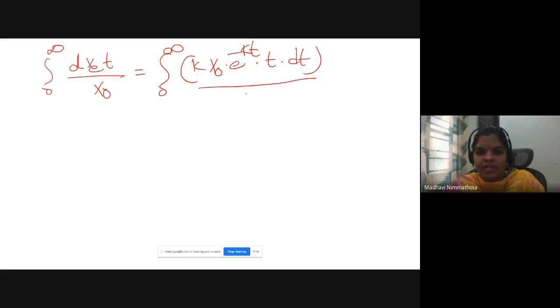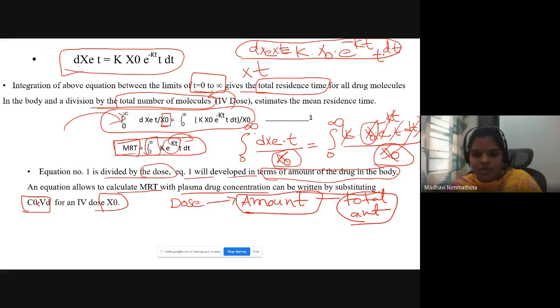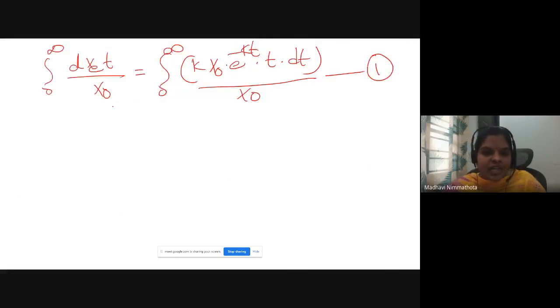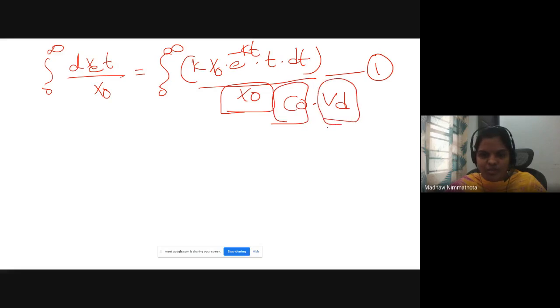Just write it down very clearly. So this is equation 1, right? Yes, this is equation 1. Here, instead of taking this X naught, you can take C0 into Vd.